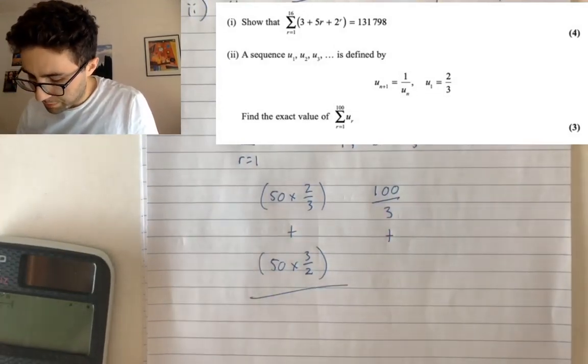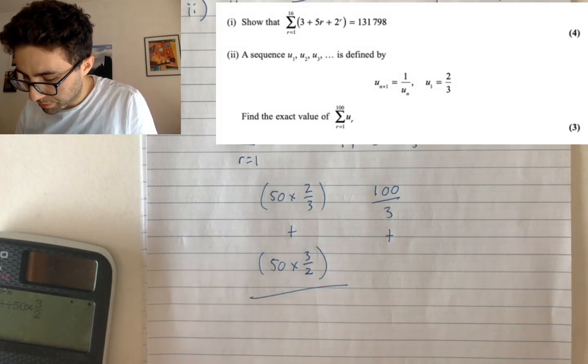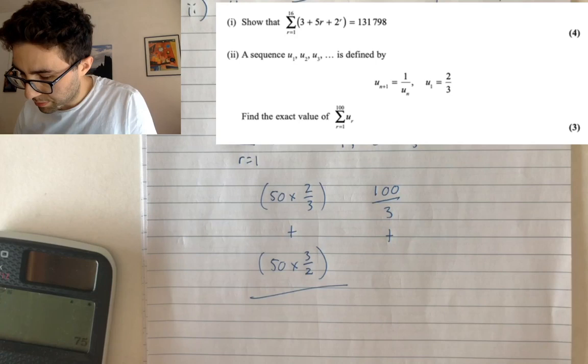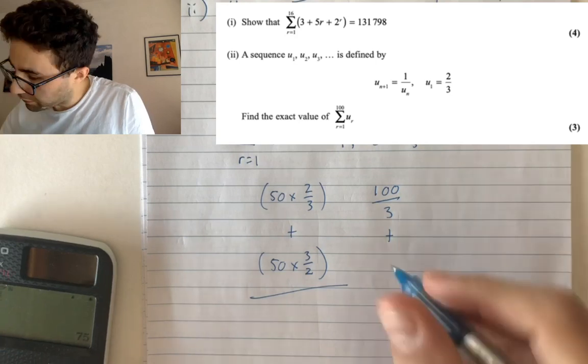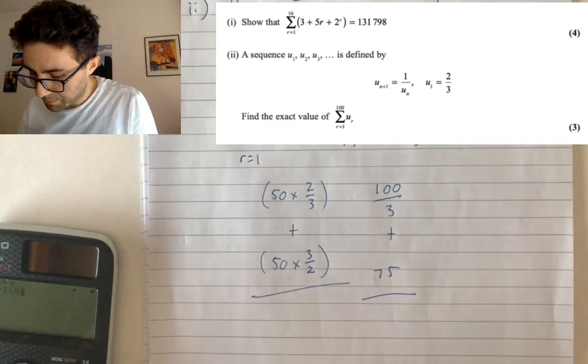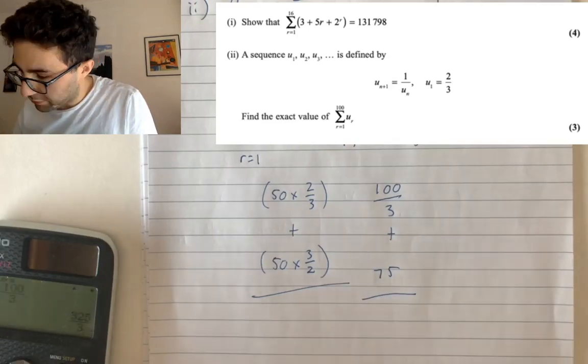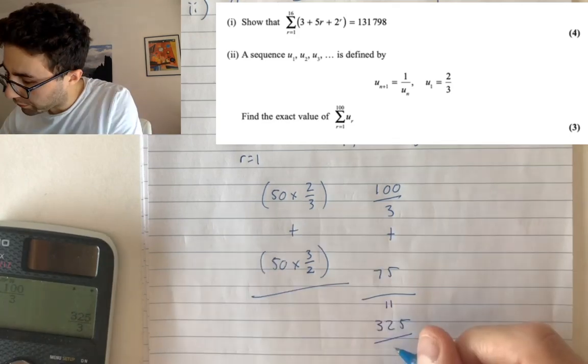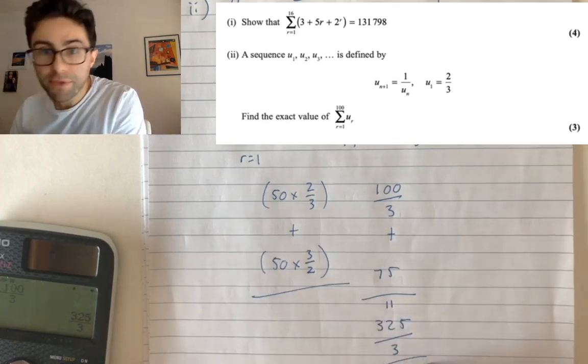And the other one looks like it's 75. Add them together. I feel like my calculator skills could do with being a little bit faster, but potentially 325 over 3. That's what we get. 325 over 3.